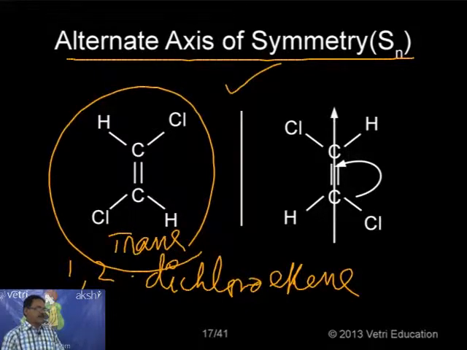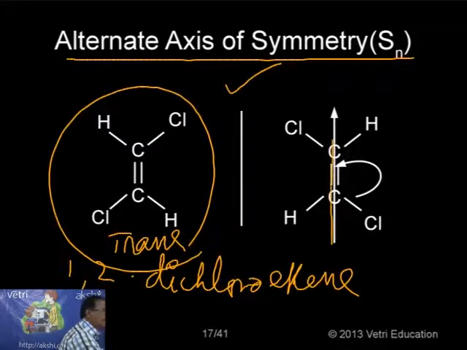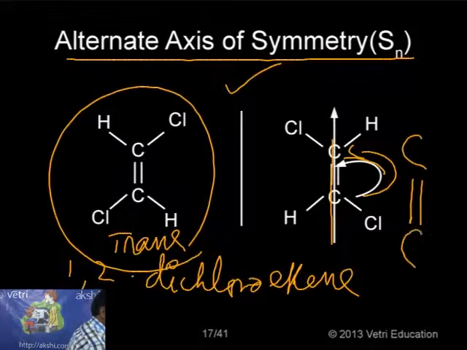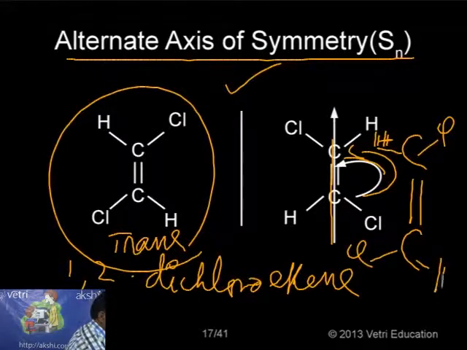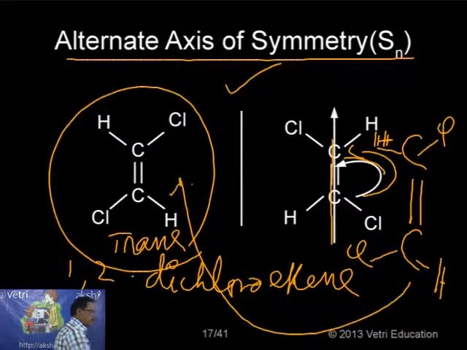After taking the mirror image, rotate it, piercing through this, by 180 degrees, then automatically you will get this configuration. In what way? This is H; correspondingly, when I rotate here, this will be H and this will be Cl, the same way this will be Cl, this will be H. So this is identical to this one.